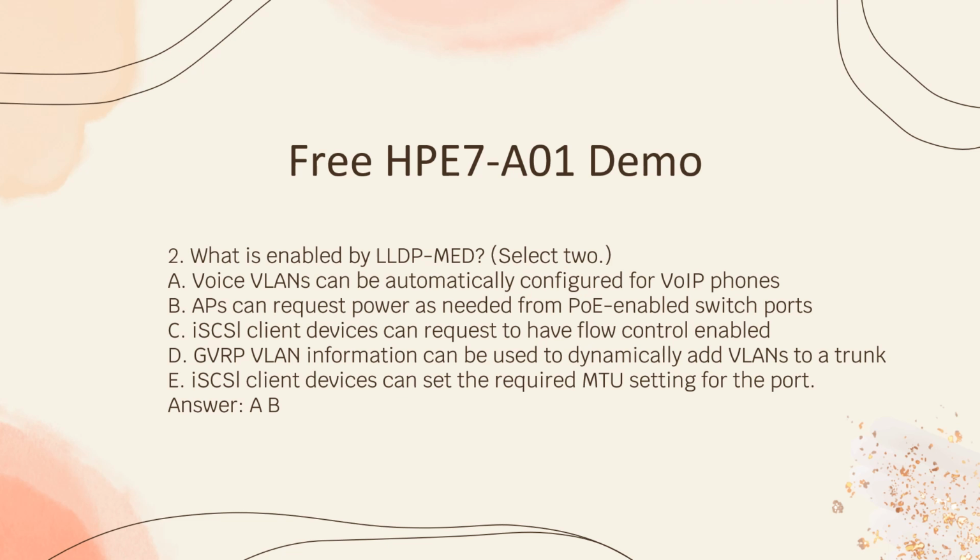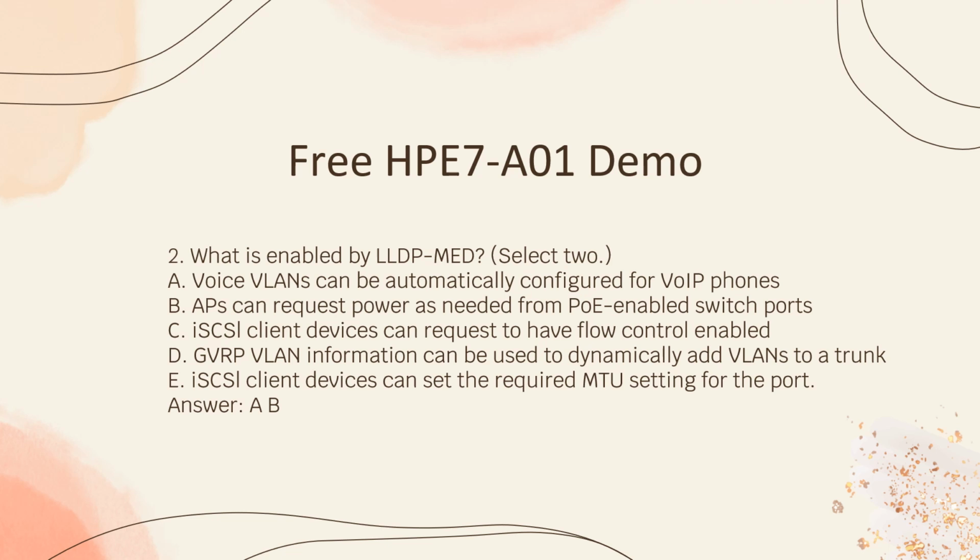Select 2. A. Voice VLANs can be automatically configured for VoIP phones. B. APs can request power as needed from PoE-enabled switch ports. C. iSCSI client devices can request to have flow control enabled.